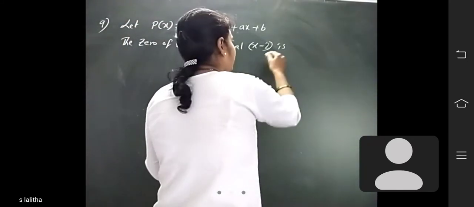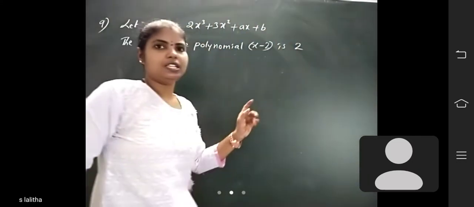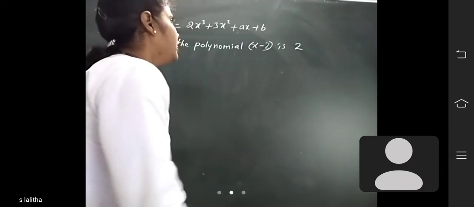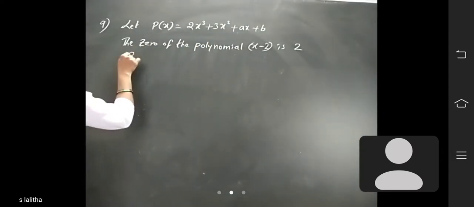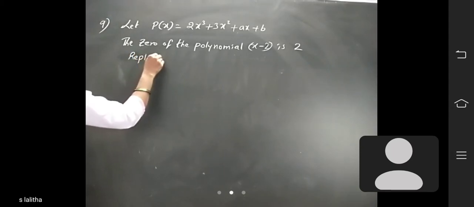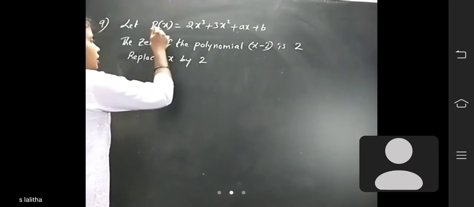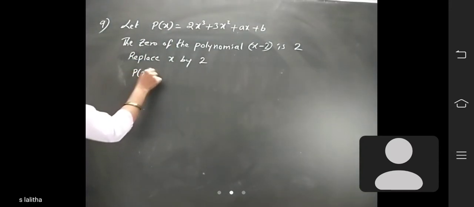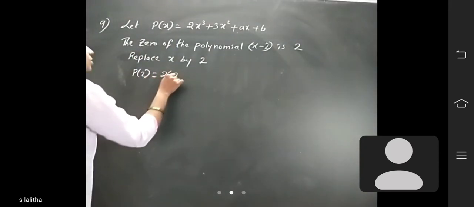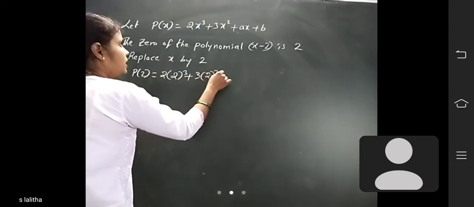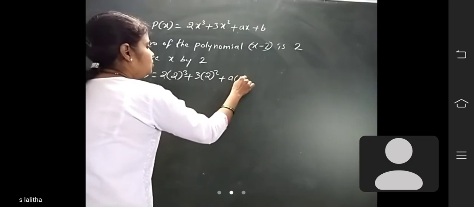So what is the 0 of the polynomial x minus 2? It is 2. Okay, now replace x by 2. Okay, p of 2 equal to 2 into 2 cube plus 3 into 2 square plus a into 2 plus b.